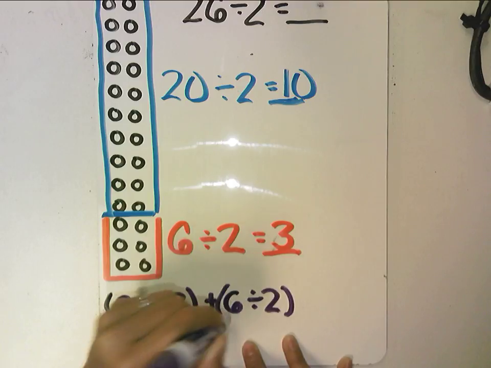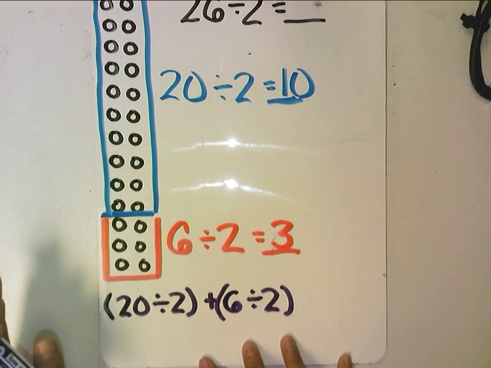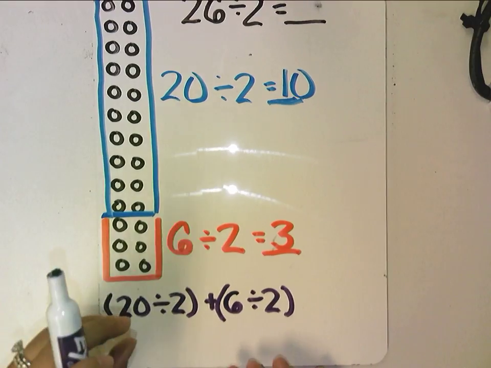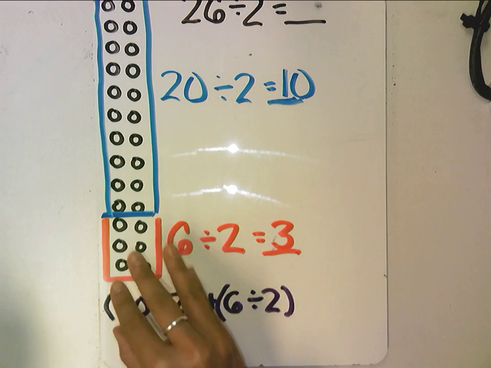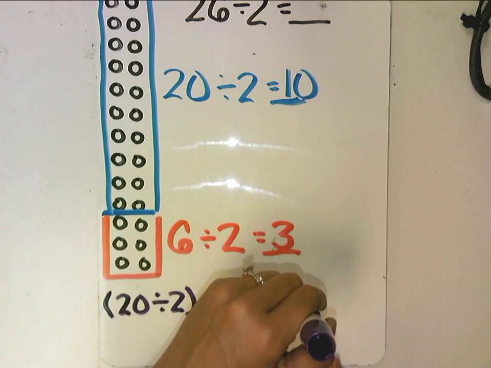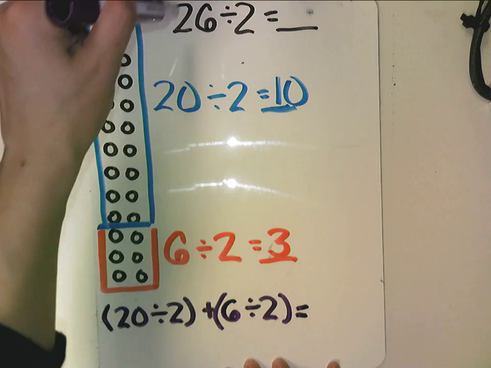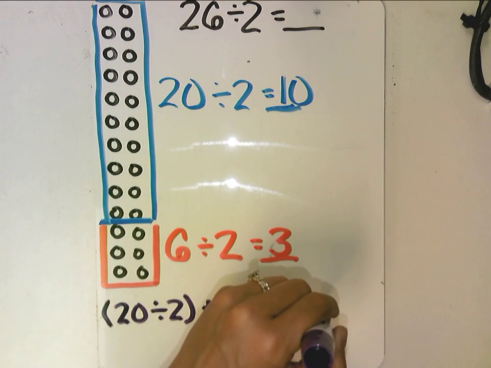And when we're using the distributive property, we always write our equations in parentheses to show that we've broken the array into this equation and this equation. Equals, and then we have to write the whole array that we've broken it into. So 26 divided by 2.